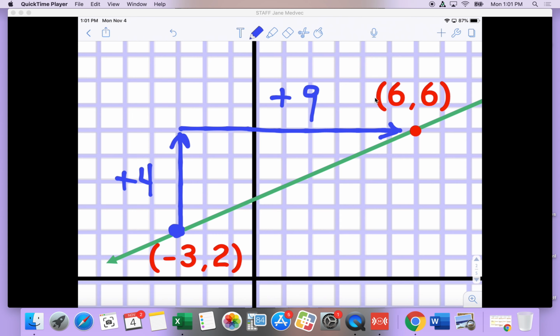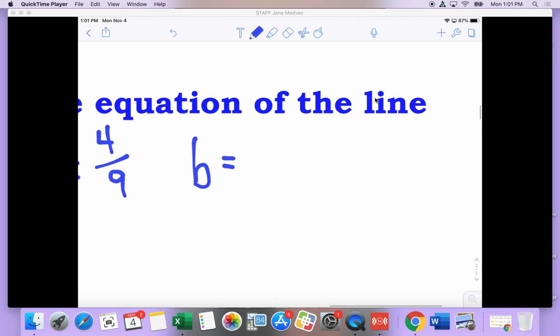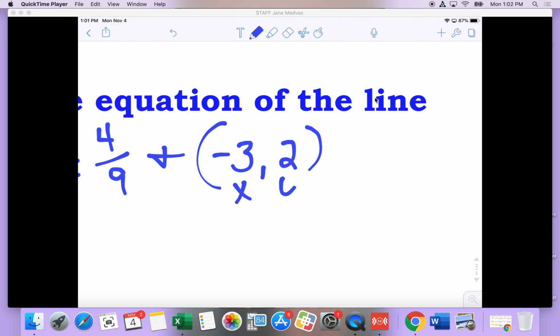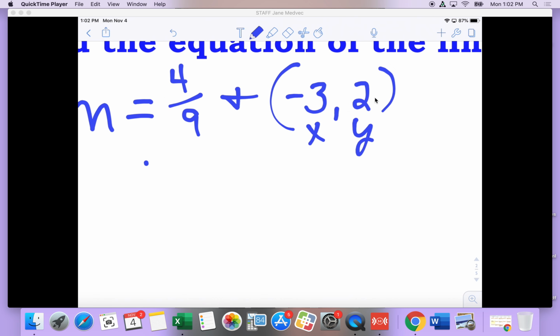I got ordered pairs, right? So what I'm going to do is I'm going to pick one of the ordered pairs. Doesn't matter which. I'm going to pick (-3, 2). I don't know my b, but I do know that I've got (-3, 2). And this is my x, and this is my y. So I'm going to plug it into y equals mx plus b, and I'm going to try to solve for my b.